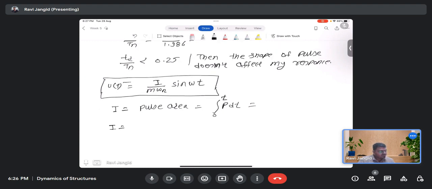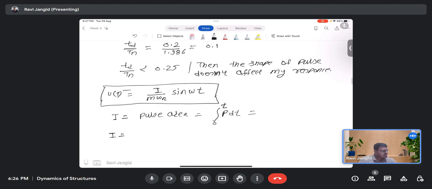I is equal to, first, the diagram is like this one. Then it is going this way, then it is going this one, and then it is coming downward. Okay.